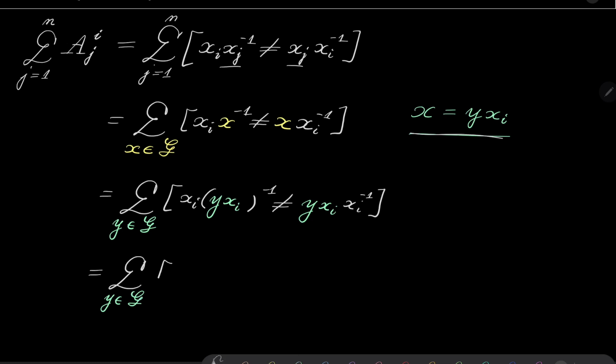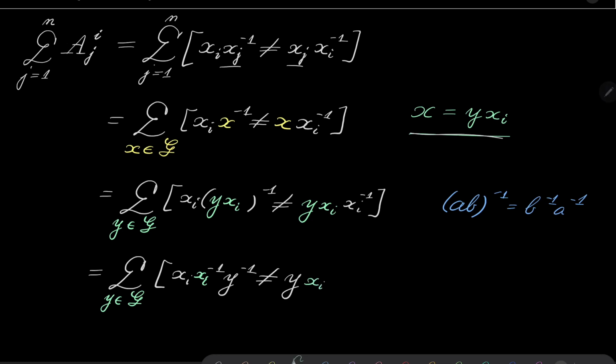And notice that now, well, I will use this fact basically, that (AB) inverse is the same as B inverse A inverse, general fact about any group. So it's xi inverse times y inverse, different than y xi inverse.